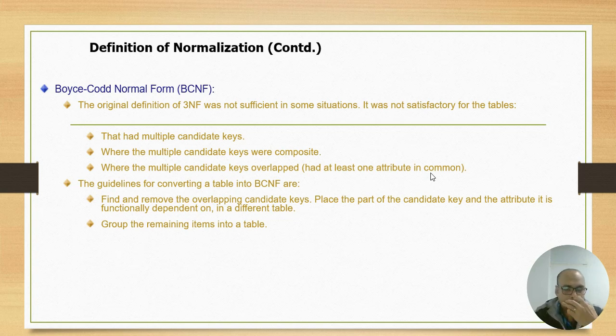What do you mean by common? Like I told you guys, common means if table 1 and table 2 have the same attribute, same column, that is considered a common value, right? The guidelines for converting to BCNF are: find and remove the overlapping candidate key, and place the part of the candidate key and the attributes functionally dependent on it in a different table. Group the remaining items in a table.